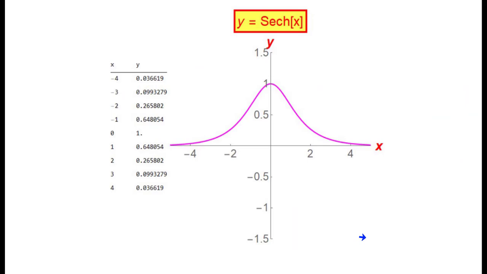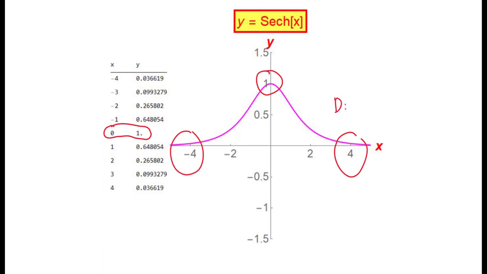Now we want to look at the graph y equal to sech x, or hyperbolic secant x. You can look here, this is y equal to 1 when x equal to 0. When x equal to negative 4 and 4, y approaches 0.